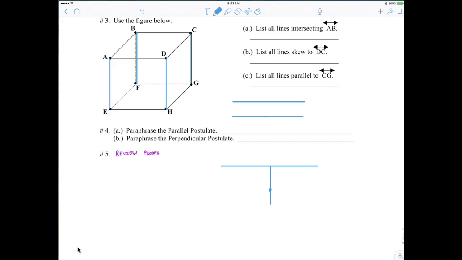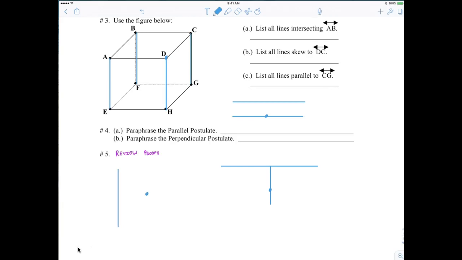Okay. Why is it none of those 4 lines parallel to that one? Well, because it's saying through a single given point, right? Like if I choose D, there's only one line parallel to CG through D. You with me? If I were to say here's a line, and here's a point, how many parallel lines can be drawn through that point?